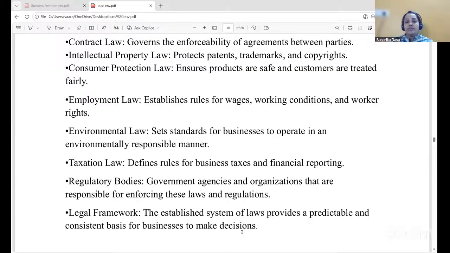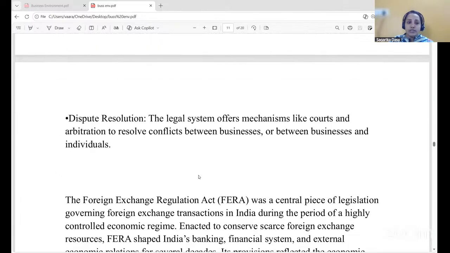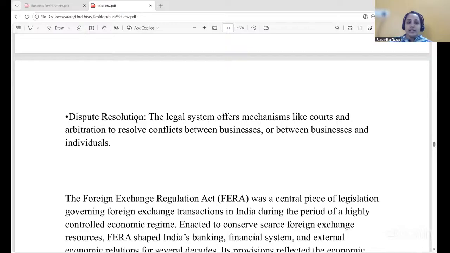Any legal framework provided is specially meant for business organizations to make appropriate decisions. Dispute resolution: in case they are involved in any conflict, there must be a system to resolve these conflicts. The legal system offers mechanisms like courts and arbitration to resolve conflicts between businesses or between businesses and individuals. These are some of the components of the legal environment.